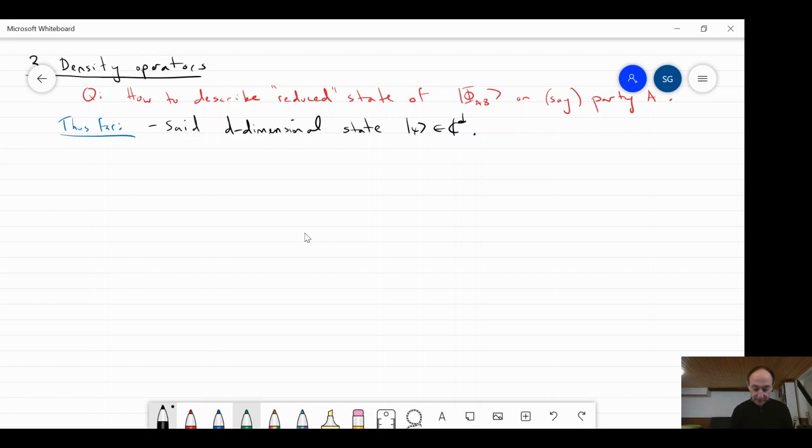This is true. And the name we give to these, I've said this over and over again, is a pure state. A pure state is basically going to be, I'll define it right now, a rank 1 density operator. But like I said, I haven't defined a density operator yet. So when I define density operators later, you can come back and look at this and say, oh, it's a rank 1 density operator. That's a pure state.